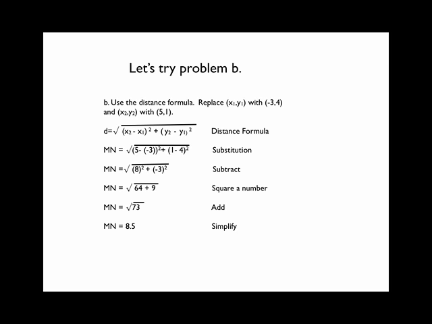Remember, when we subtract a negative, we add those two numbers. -1 minus 4 gives us a negative 5... wait, we get negative 5. We're now going to do our squaring. 8 squared gives us 64. Negative 3 squared gives us 9. We'll add the two numbers together to get 73 and take the square root of 73 to come up with a distance of 8.5.